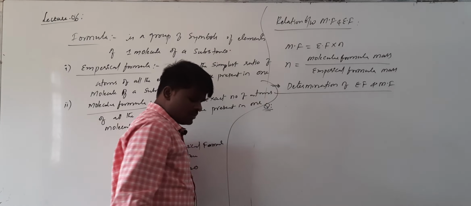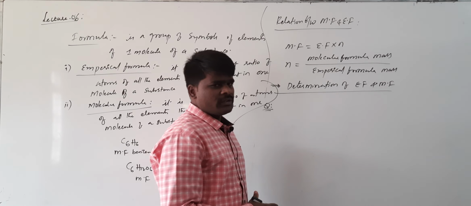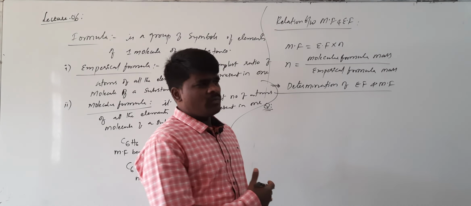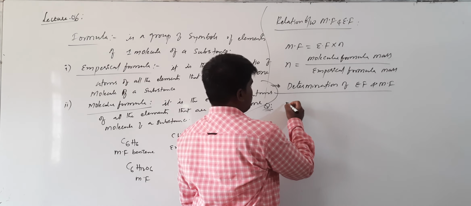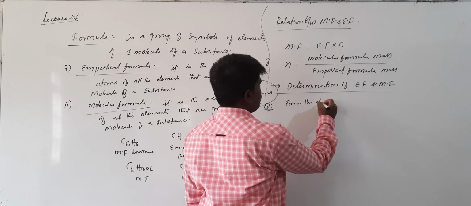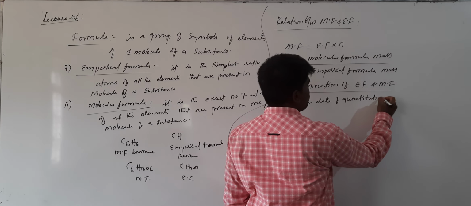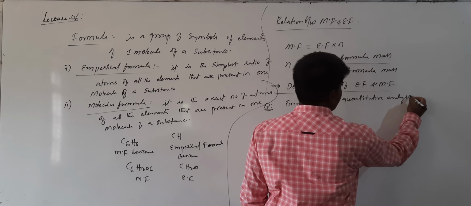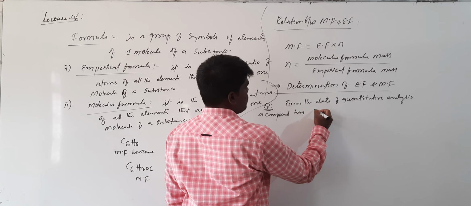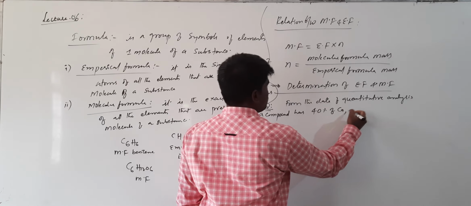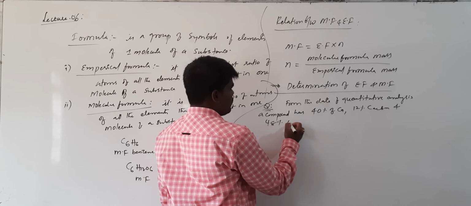Let us have a question, right? Generally the weight percent we get from the quantitative analysis. From the data of quantitative analysis, a compound has 40% of calcium, 12% of carbon and 48% of oxygen.